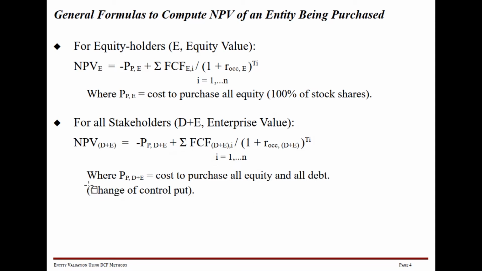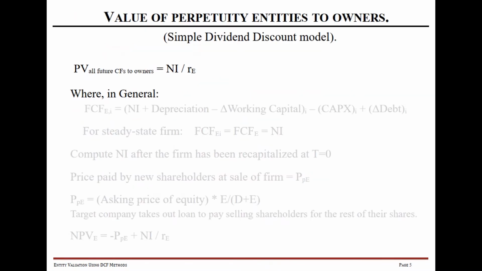And one thing people say in finance a lot is that we're considering the cost to purchase all the equity and the debt when there's a change of control put. It's true with most companies. If they have some debt out there and the company is being taken over, the debt holders have the right to make all that debt due and payable at the time of transfer, because let's face it, they might not like the new management. So that's what's called a change of control put, and that would be in any bond or loan contract that the company has outstanding.